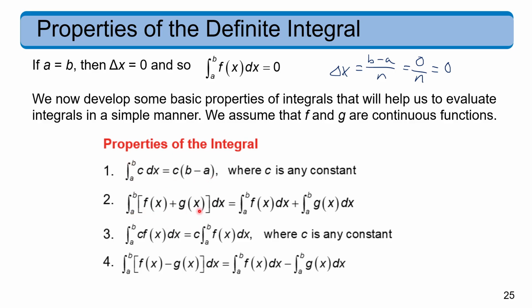The integral of a sum equals the integral of the first plus the integral of the second. The integral of a constant times a function is the same as if you pull the constant out in front and then multiply it by the integral of f. And 4 is similar to 2, it's just a difference instead of a sum. Okay, so we're going to go through these properties one at a time and give an argument for why they're true.